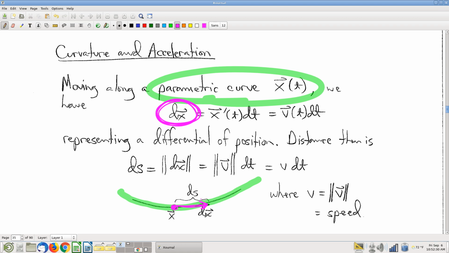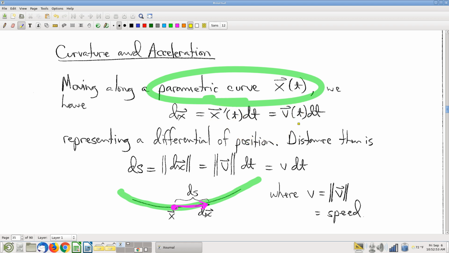And just like you might expect, dx is x prime dt. That just says displacement is velocity times time. Very natural. Don't forget that x prime is velocity.